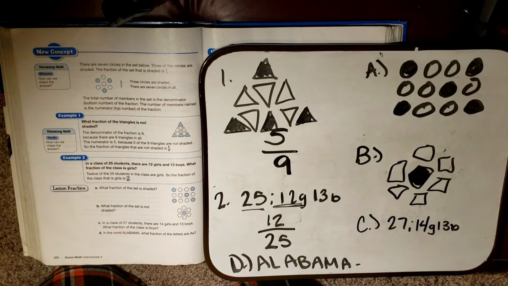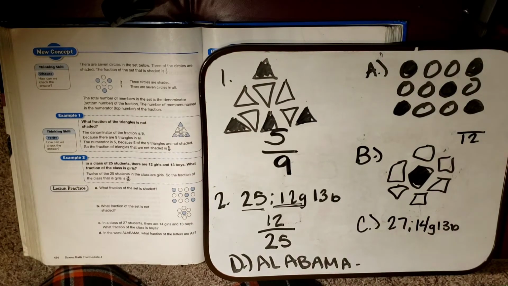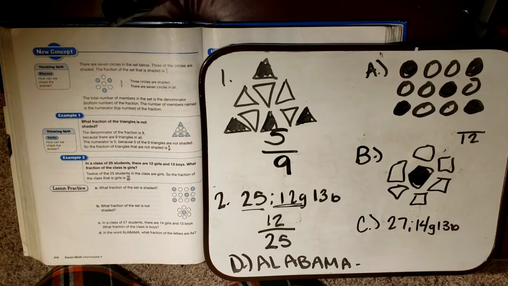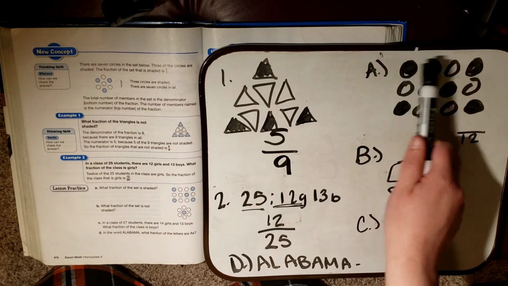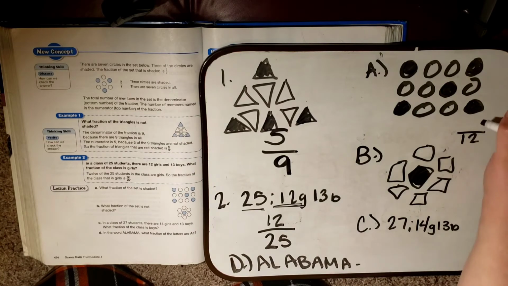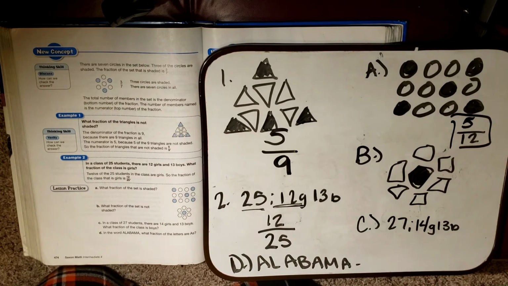So altogether there are 12 circles. Then we want to figure out how many are shaded. So we can just count 1, 2, 3, 4, 5. So 5 out of 12 are shaded, or 5/12 are shaded.